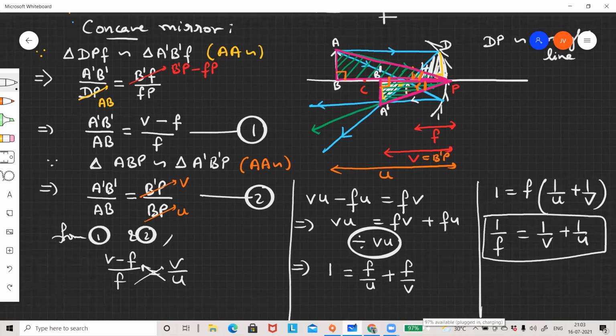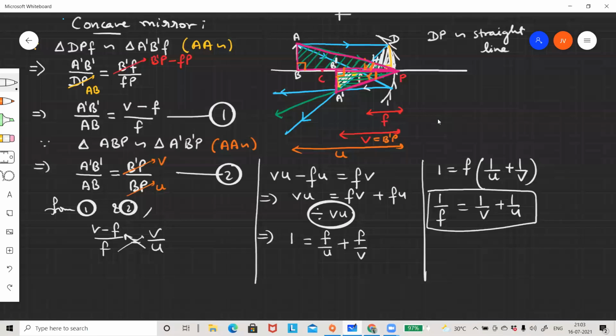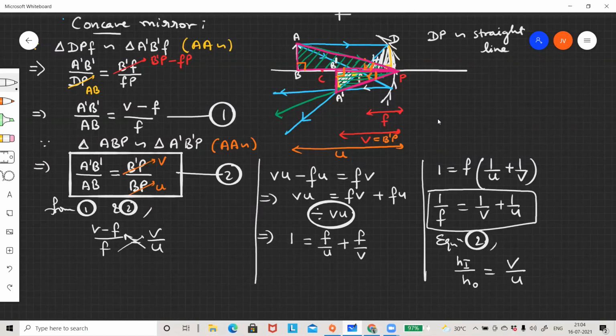And then mirror magnification. How to find mirror magnification? That's very simple in fact. Mirror magnification we will get from equation 2, but we will put sign convention. Here HI, the image, is below the principal axis, so we have to take it minus. HO is the height of the object, above the principal axis, so it is positive.